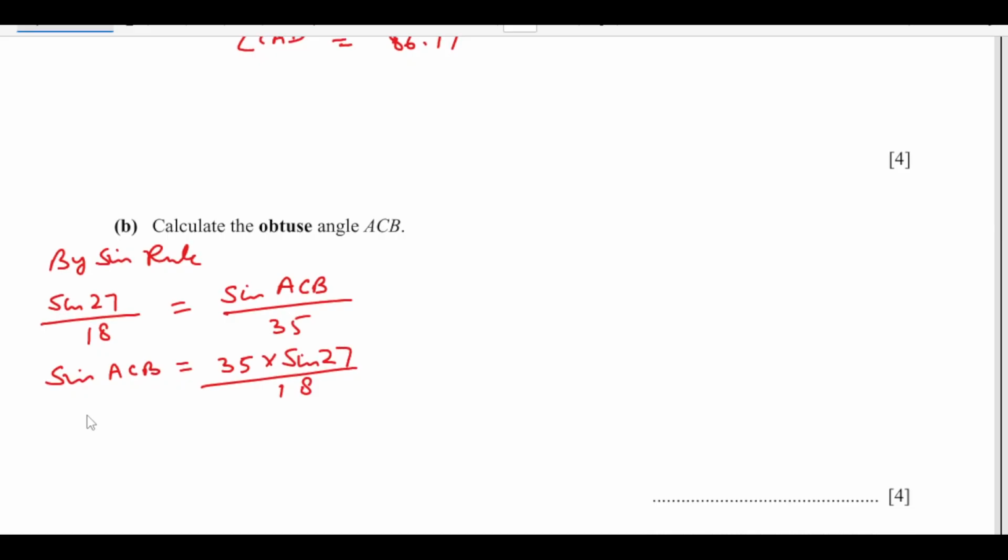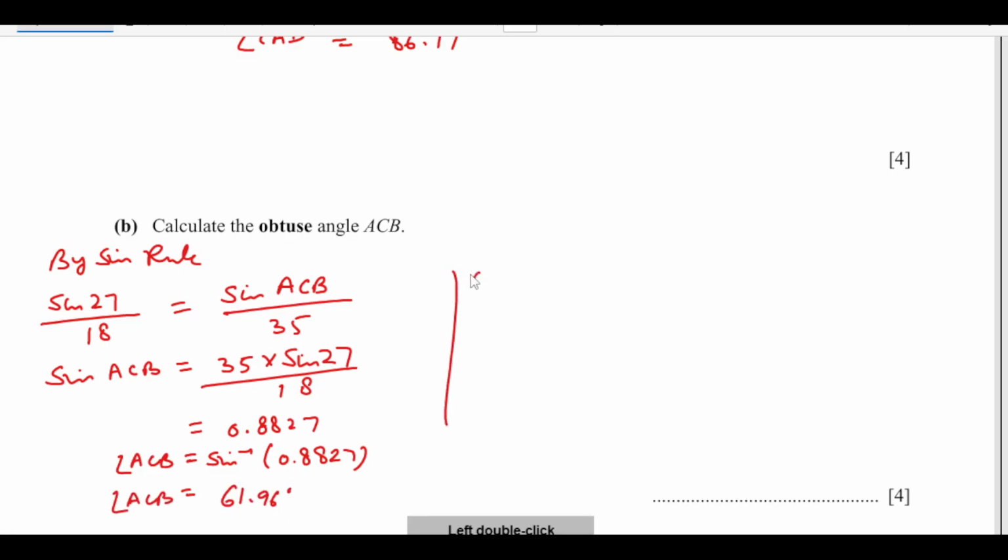So then it is going to be 0.8827. So angle ACB is sine inverse of 0.8827, which is equal to 61.96, right? So this is ACB, but we are looking for the obtuse angle.